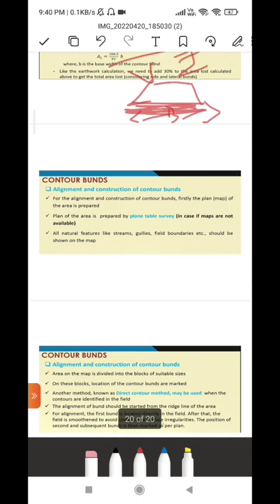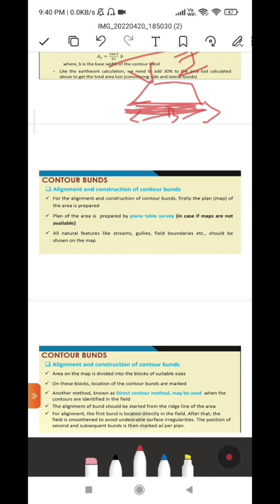Now, after calculating the earthwork and the area lost, we can talk about how to align all this and construct the contour bunds. For alignment and construction of the contour bund, we firstly need the plan or the map of the area.